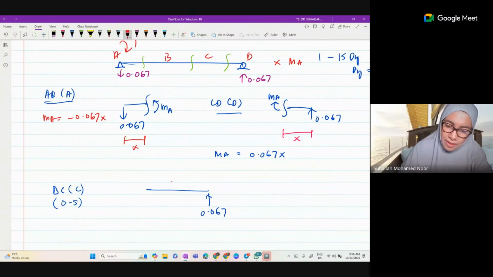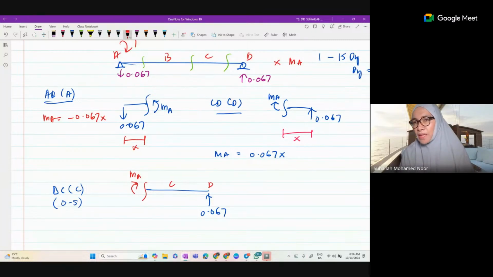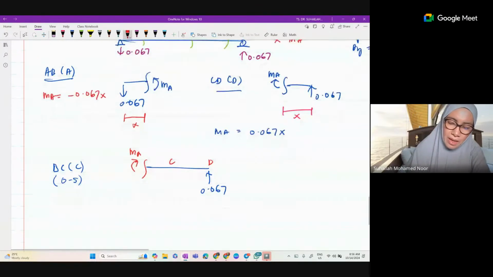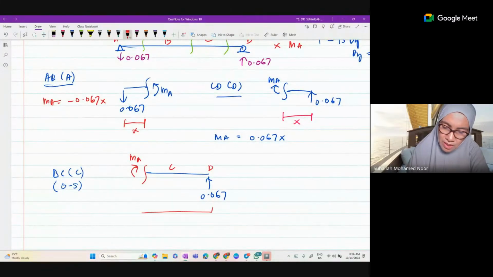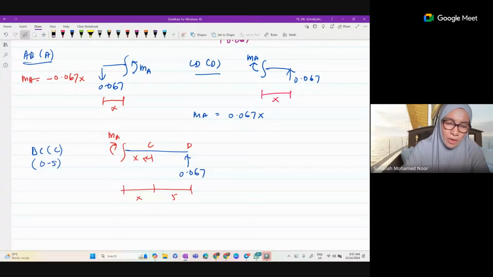We have C and D. Cutting section here. Moment. This is MA. The moment equation. Okay. So the distance here is X. This is 5, because our origin is from C. Okay. So for this diagram, we write the moment equation.